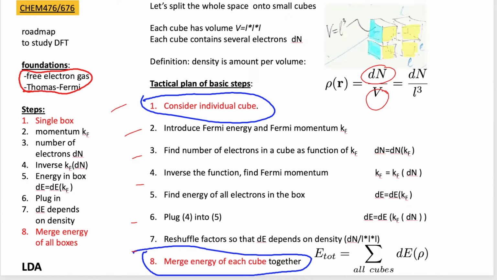So if the size of the box is lowercase l in each direction, and total number of electrons, we use letter N for total number of electrons, but the number of electrons in one box will be dN, then the ratio number of electrons per volume of a box, which is l cubed, will be density of electrons in our universe.